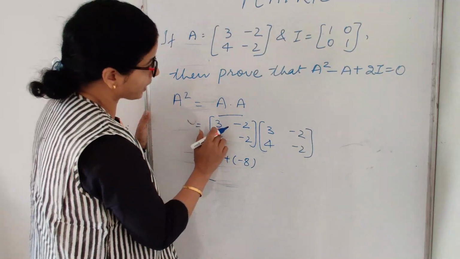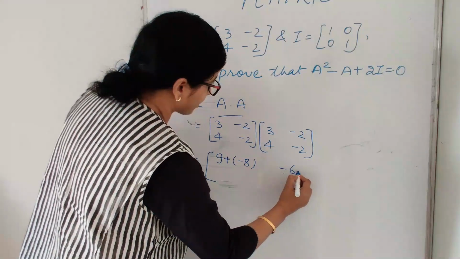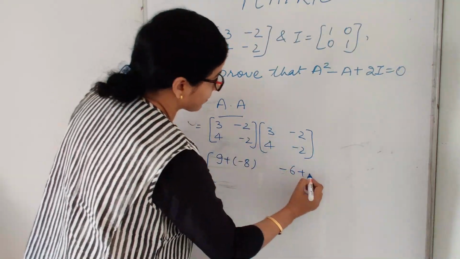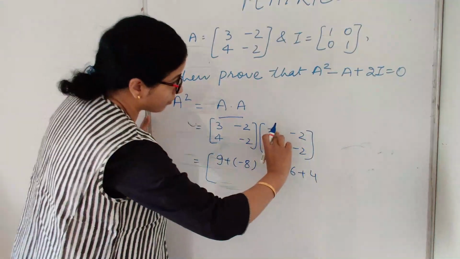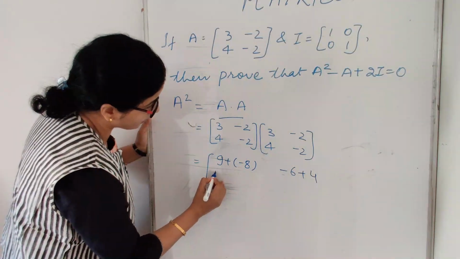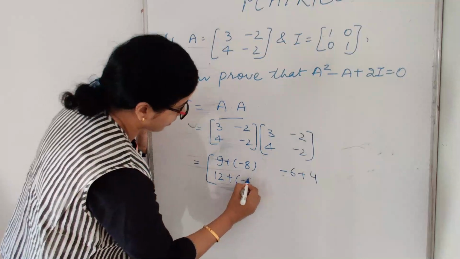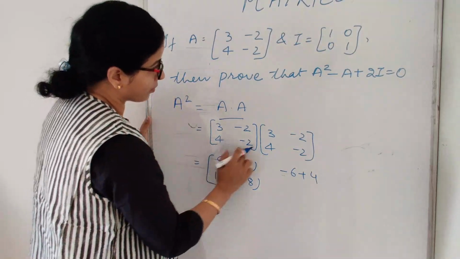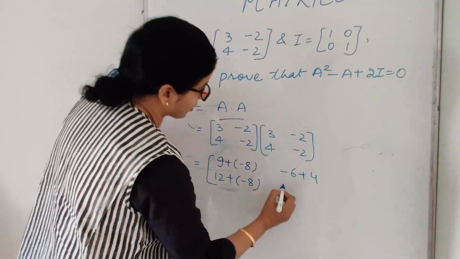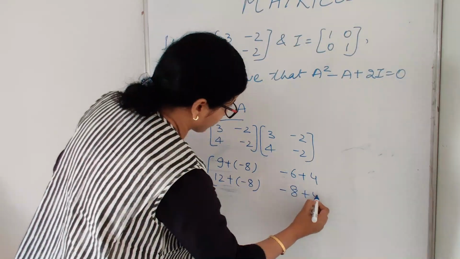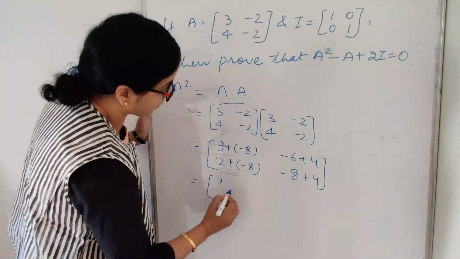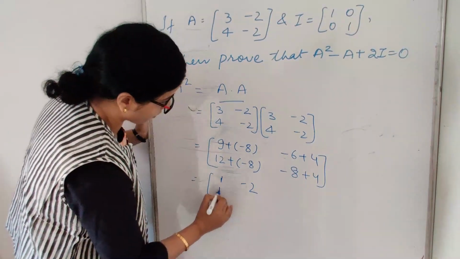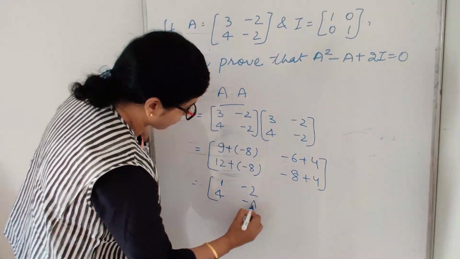Now the second element, how will you get it? Multiply these two: minus 6 plus, multiply this and this, 4. Now second row, first column: 12 plus minus 8. Now again, minus 8 plus 4. So basically we are getting here 1, minus 2, 4, minus 4.